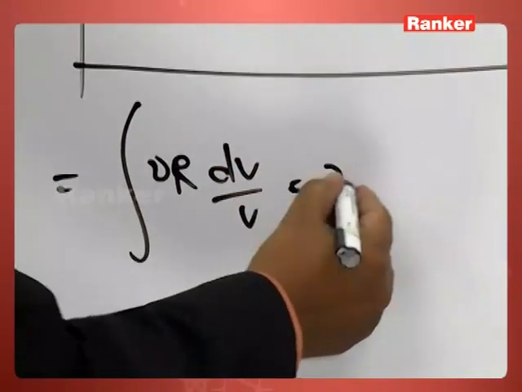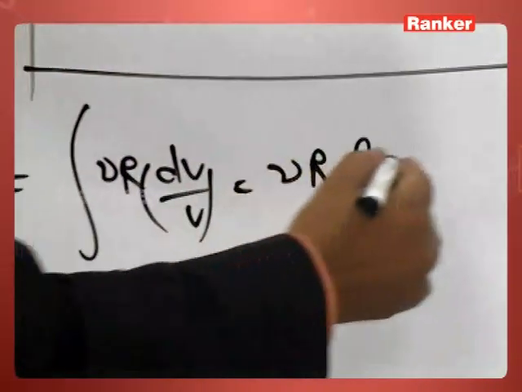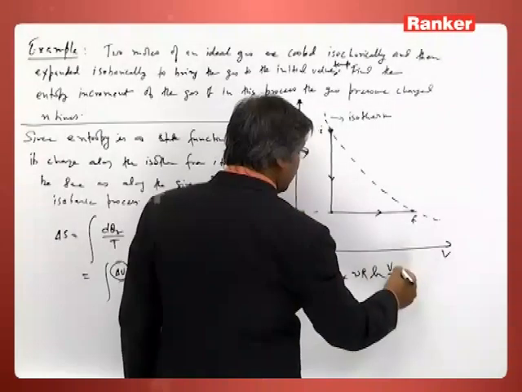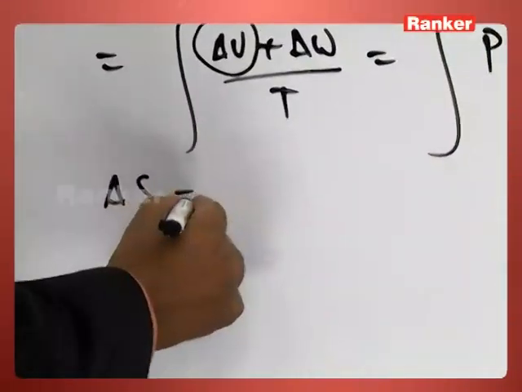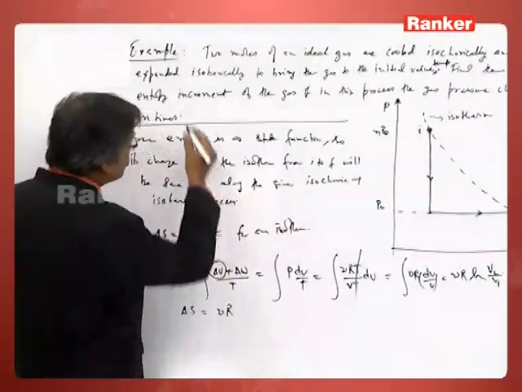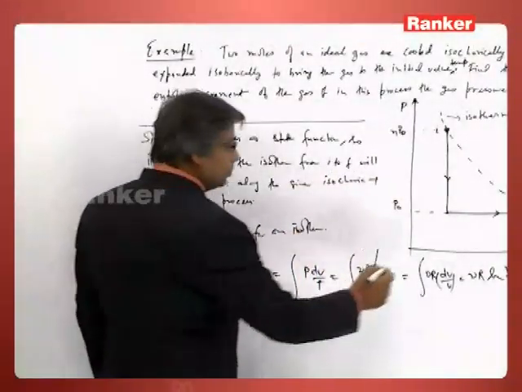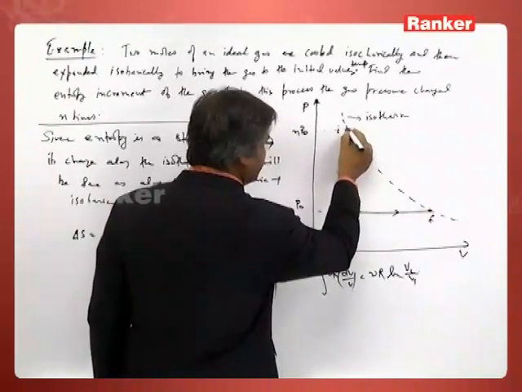That is nu R ln V2 by V1, that is V final by V initial. So delta S is nu, which was 2 actually given, times R ln V final by V initial.